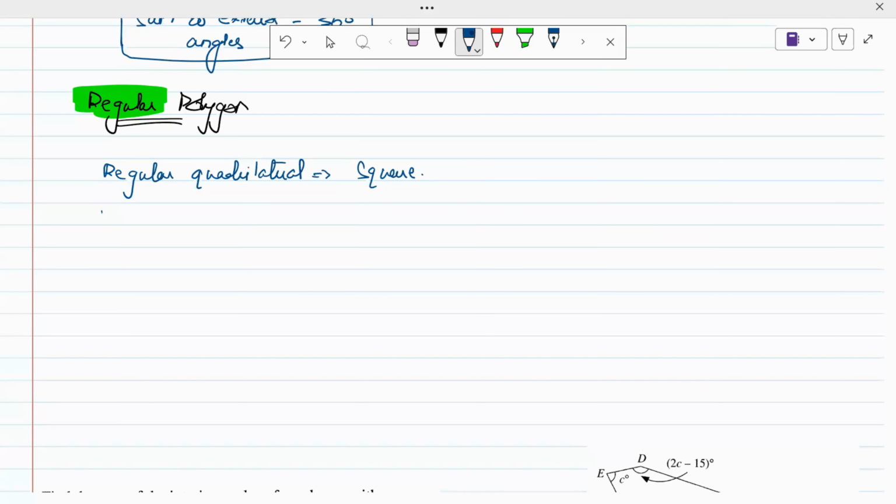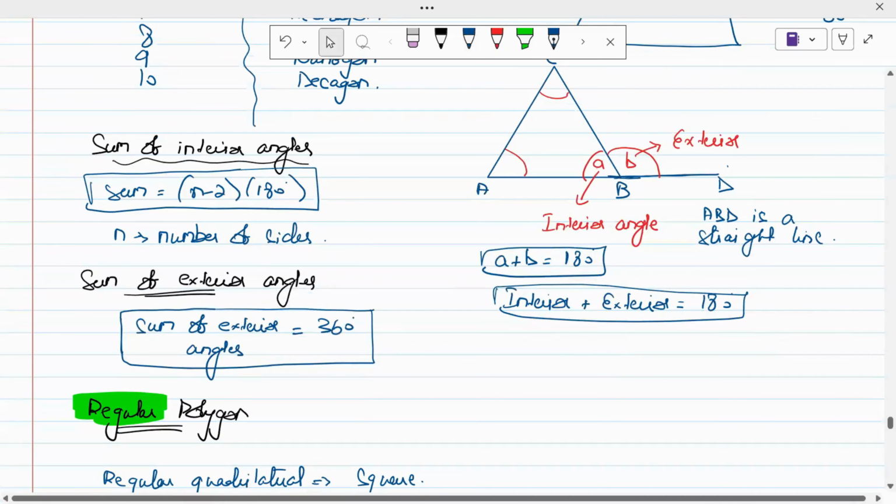So if we have to find each angle of a regular polygon, we know that the sum of interior angles is already n minus 2 into 180.